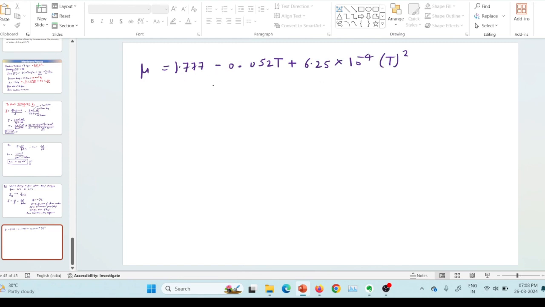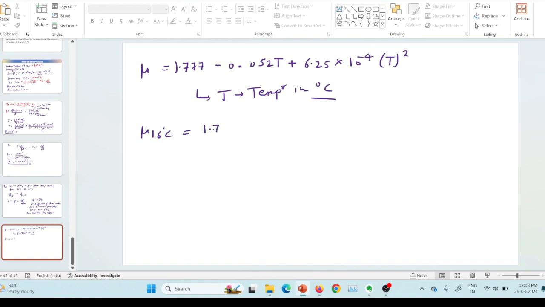T here is temperature in degrees Celsius. So first we want to calculate it for 16 degrees Celsius.